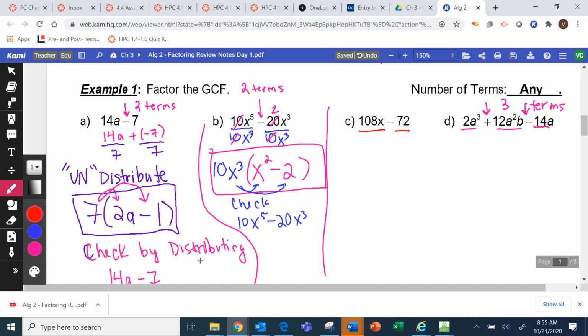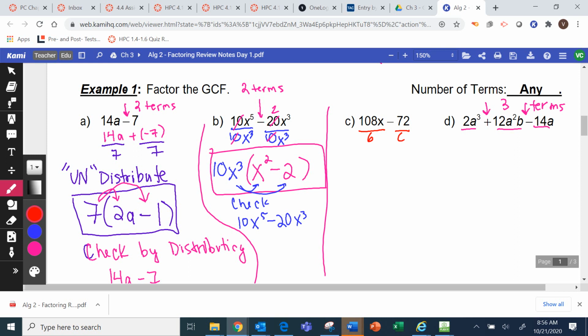108x and a 72. First of all, do they have any of the letters in common? No. So we're only looking at numbers. What is the greatest number that goes into 108x and 72? Six? All right.